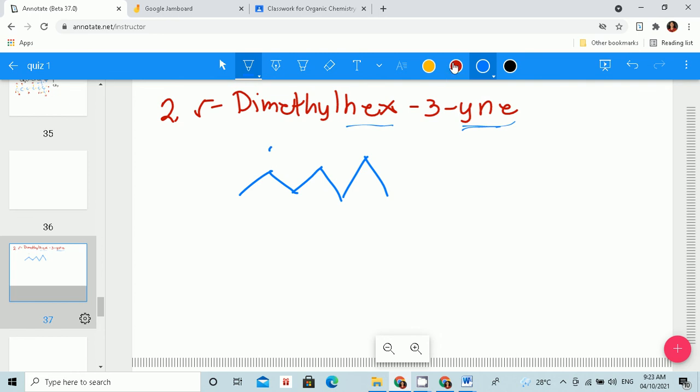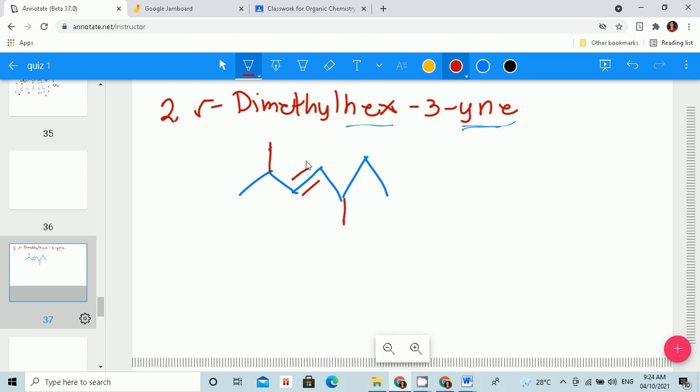There's a methyl here. Methyl. And also in carbon 5, it has a methyl too. 1, 2, 3, 4, 5. Then we have yne. In carbon 3, we have a yne. We have triple bond. Okay. So that's it. This is our line structure.